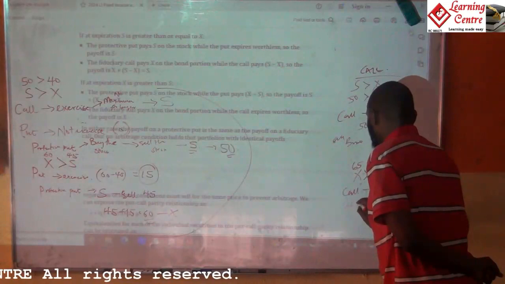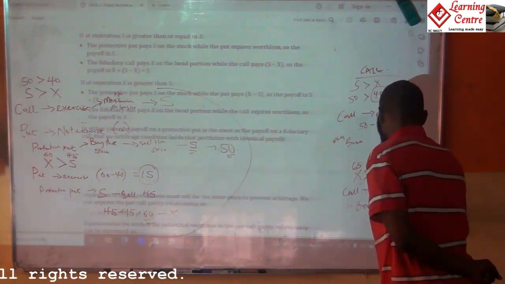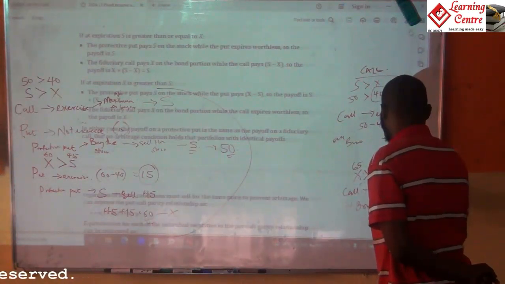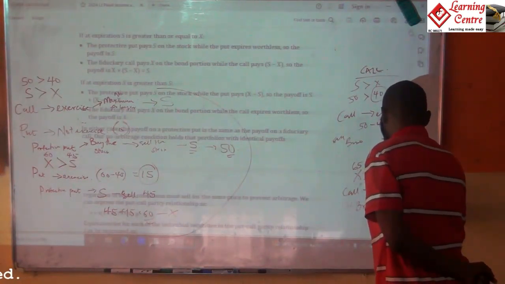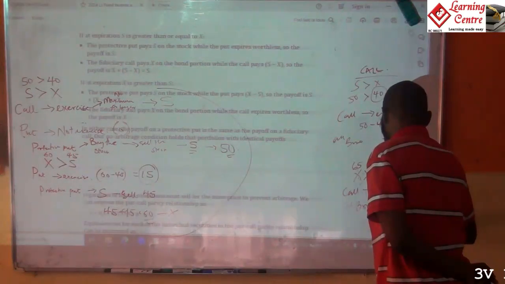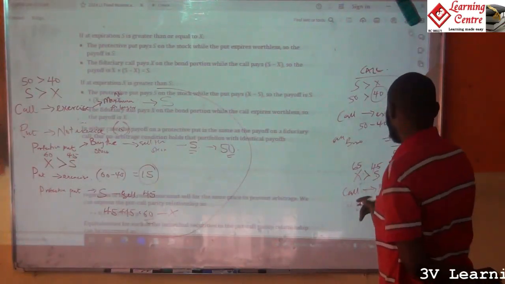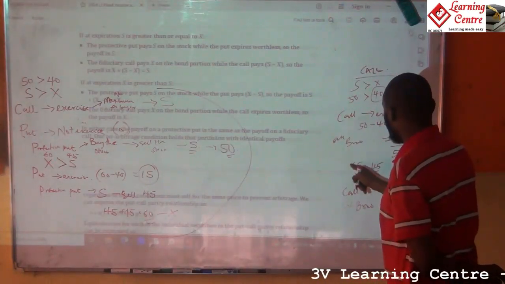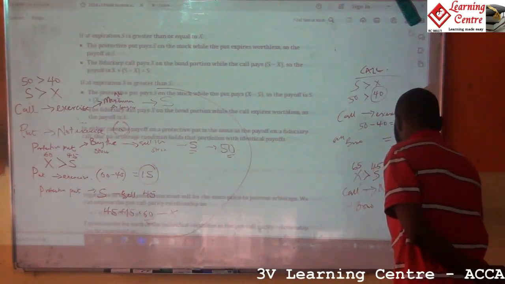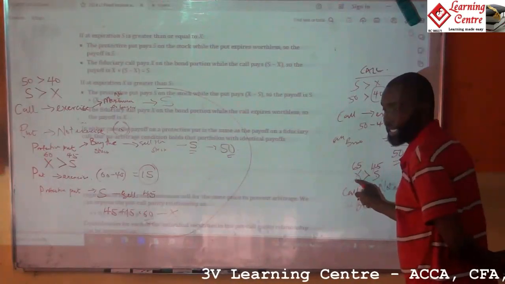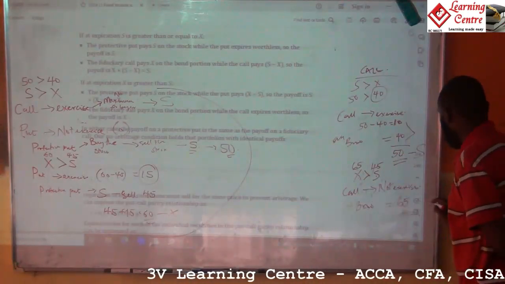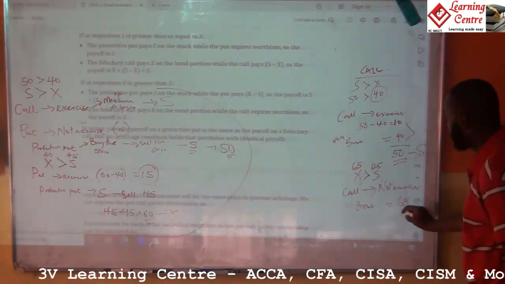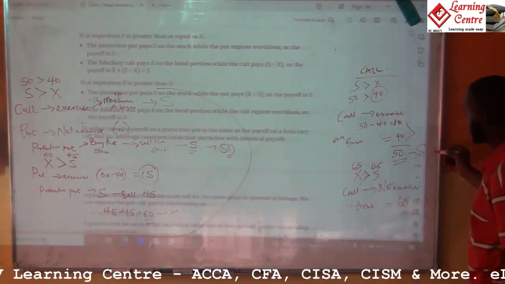So of course I'll sell my bond at 40. So the total money I have is 40. The exercise price is greater than the spot price. So the bond here is 65. Remember, that's the X. So I will sell the bond, meaning that my payoff is the same as X. So you see it's the same thing.